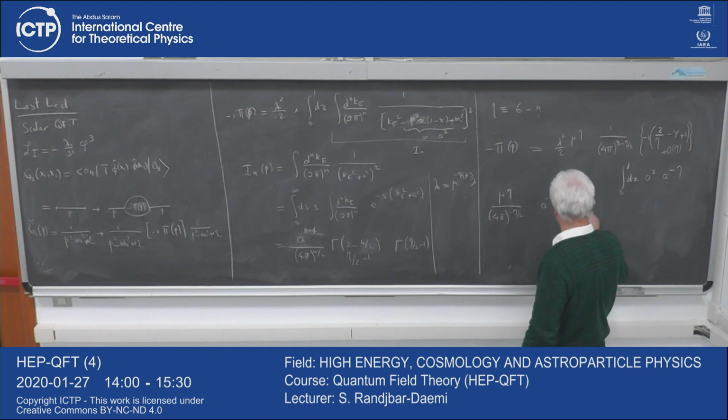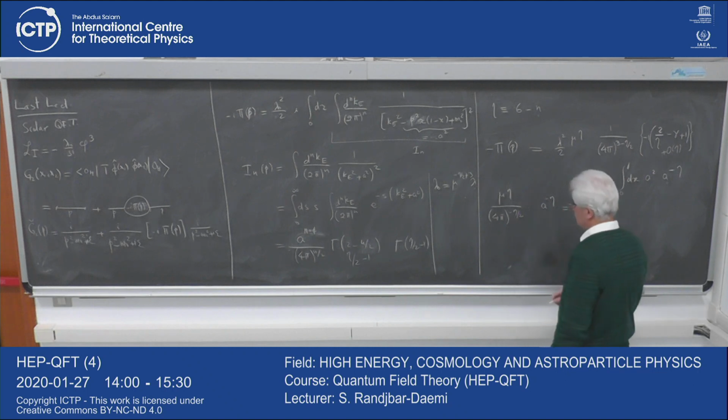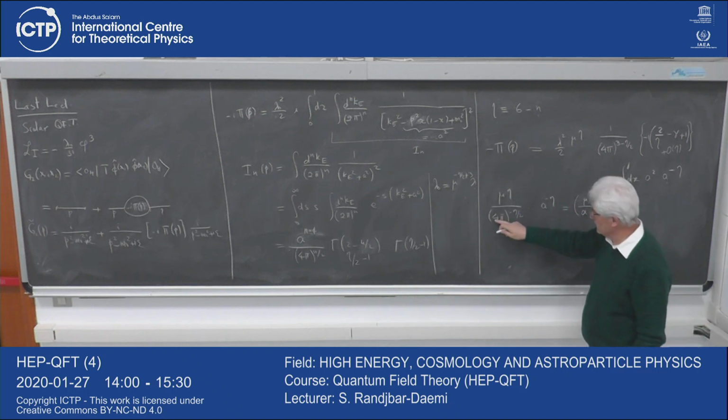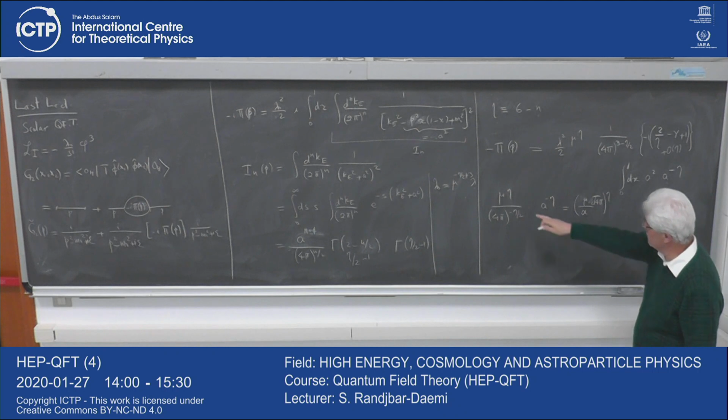So you can put all of them together. You can write this mu divided by a and square root of 4 pi, and the whole thing to the power eta. This 1/2 gives you the square root of 4 pi. There is minus eta here where it goes to the numerator.